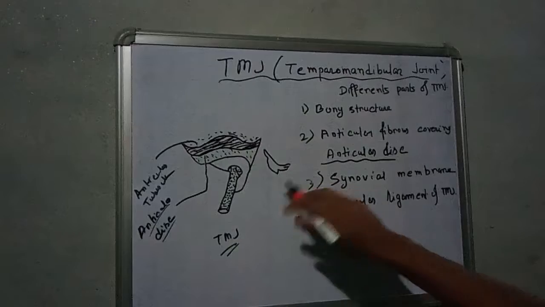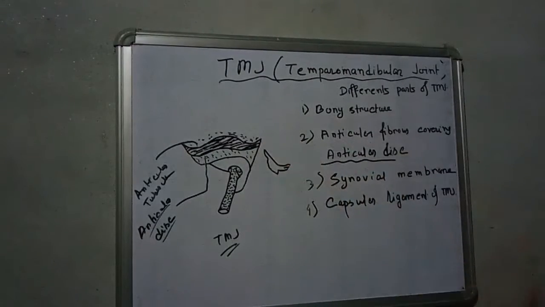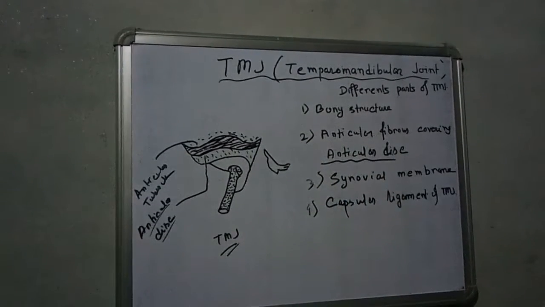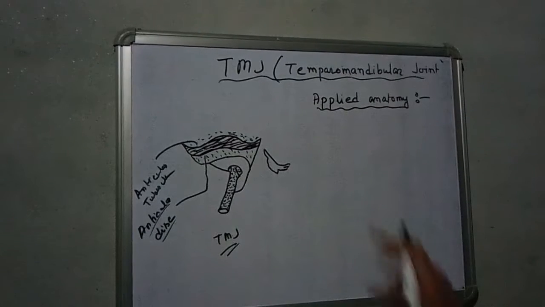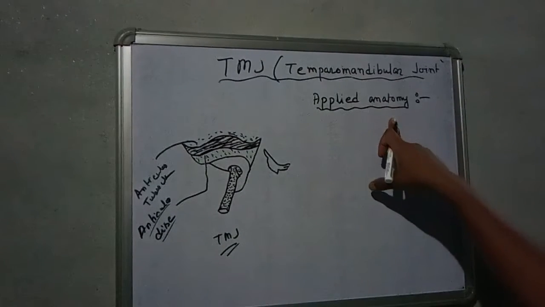So now let's talk about the applied anatomy of the TMJ. Number one, dislocation of the mandible.